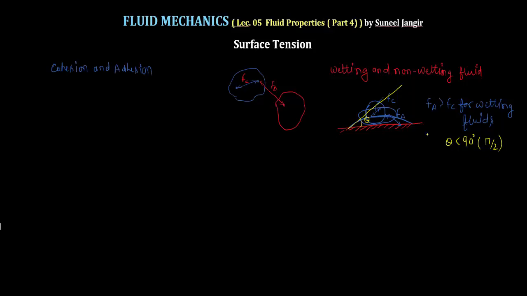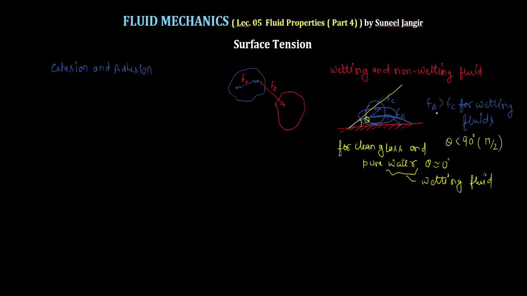In the case of clean glass and pure water, the angle of contact is approximately 0 degrees. That's why water is a wetting fluid.